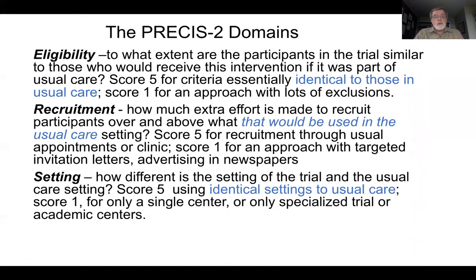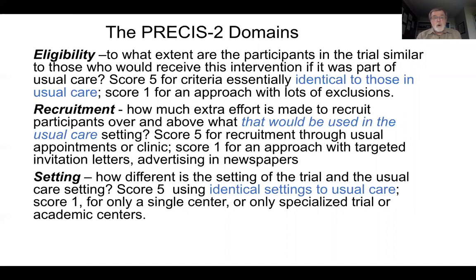So again, for eligibility, the question is, how similar or different are the participants in this trial to those who would receive a program if it was done in usual care? And again, you get a 5 for most pragmatic if the population, or the sample, is identical to what you'd see in usual care, almost all comers.